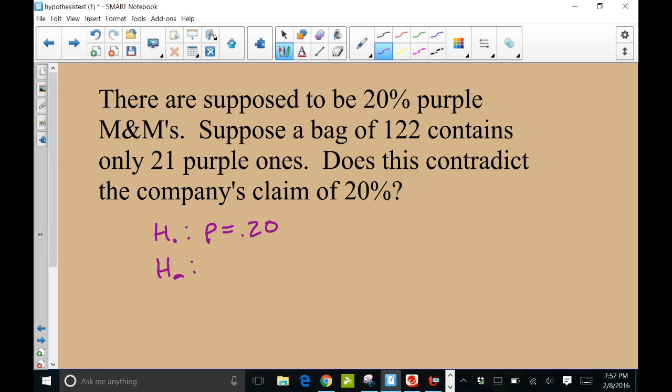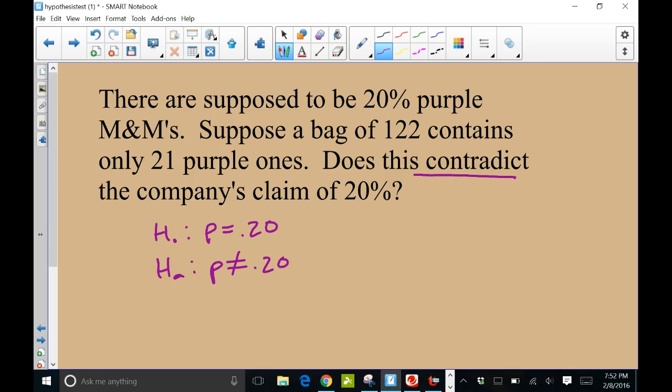Now, the alternative here is they say, does this contradict? When you contradict, you can be contradicting by being too high or too low. So this is going to lead us to what we call a two-tailed test, and we're going to put not equals in the middle. Now, what's the third thing I have to do to get full credit for the hypotheses?